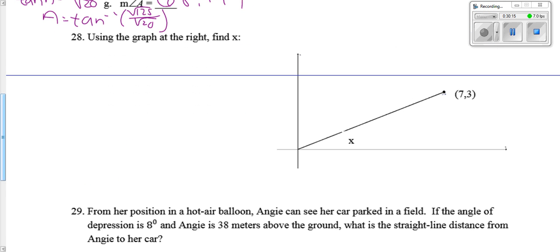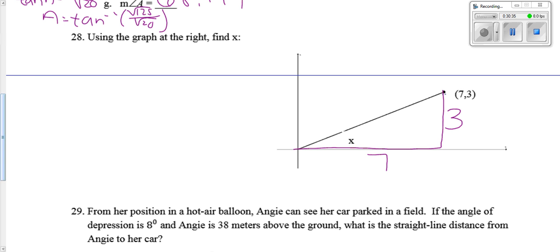28. Number 28, I'm going to make this a triangle. Well, since I know this point was 7, 3, then this down here is 7, this was 3. That's how many I went over and up to get to that point.